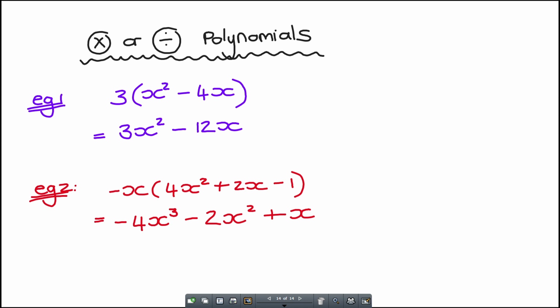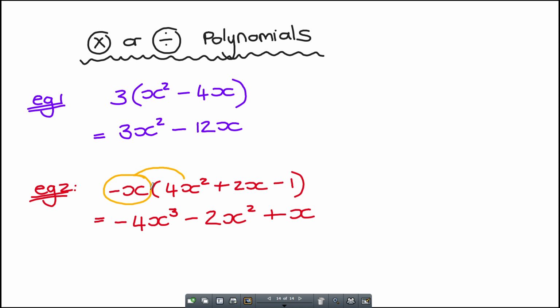Right, can I skip? Yeah, ask. It's fine? People? Okay, so this full minus 1 must be multiplied with everything inside the bracket. So minus 1x multiplied with 4x squared. So first look at the signs.